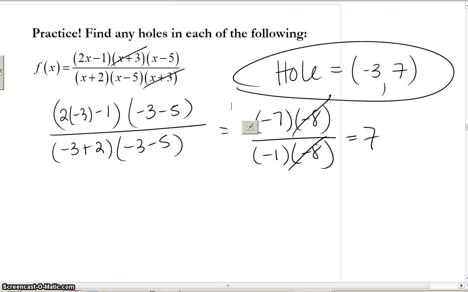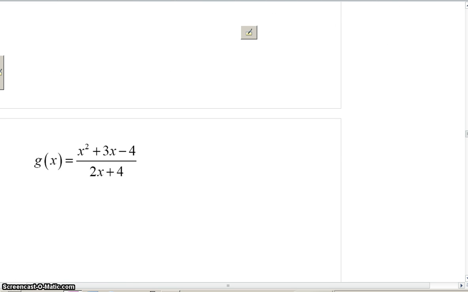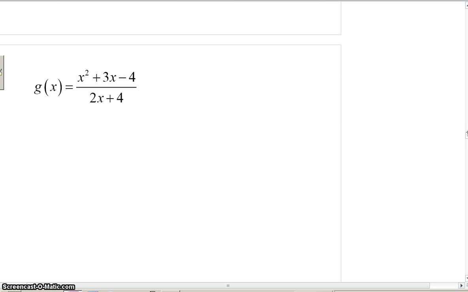Okay, let's look at the next sheet. So now we've got g of x is equal to x squared plus 3x minus 4 over 2x plus 4. They didn't factor this for us, so take a moment first and factor this out, and let's see if we have anything in common on the top and the bottom.